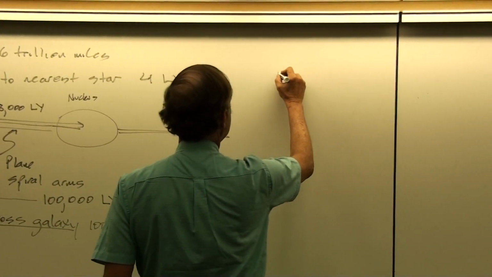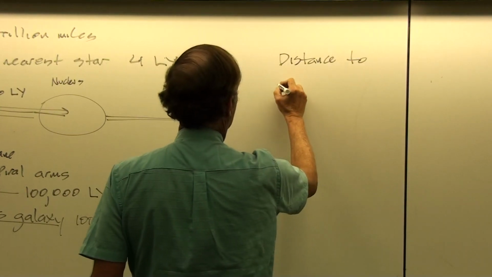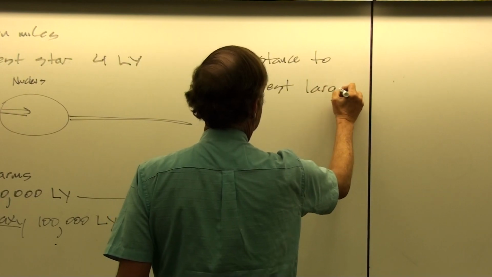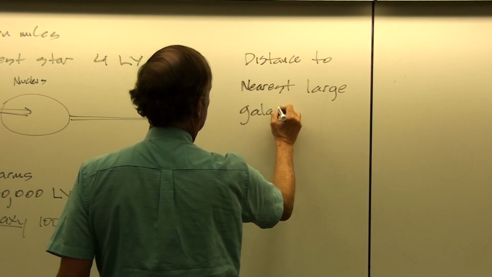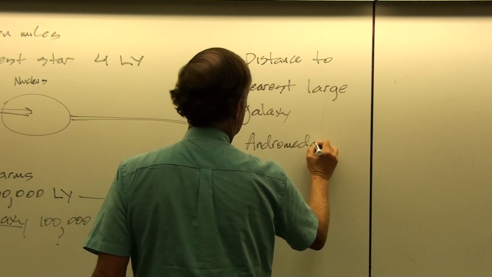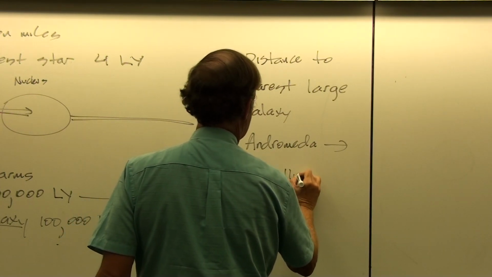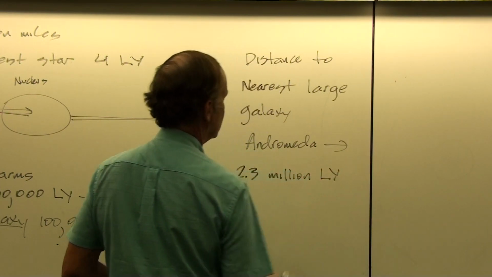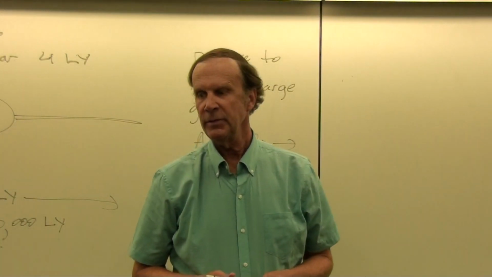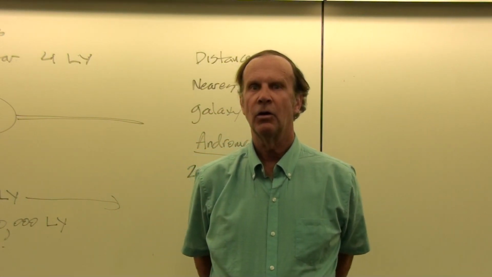Distance to the nearest large galaxy, about 2.3 million light years. Okay, now, interestingly, Andromeda can be seen without the need for binoculars or a telescope.